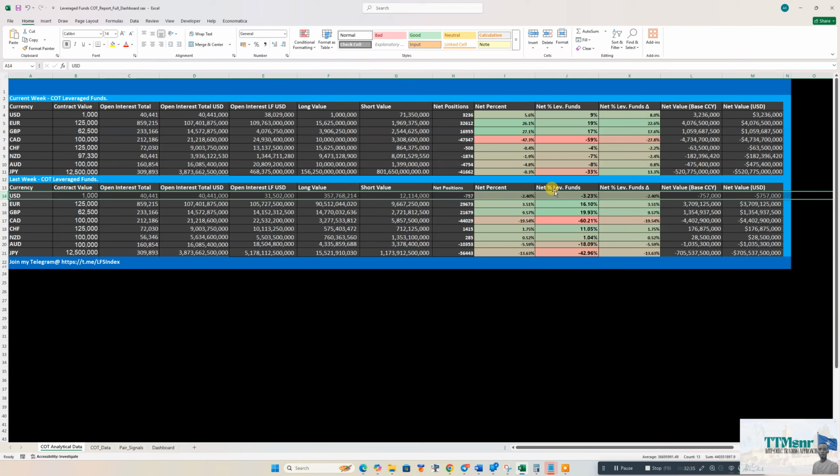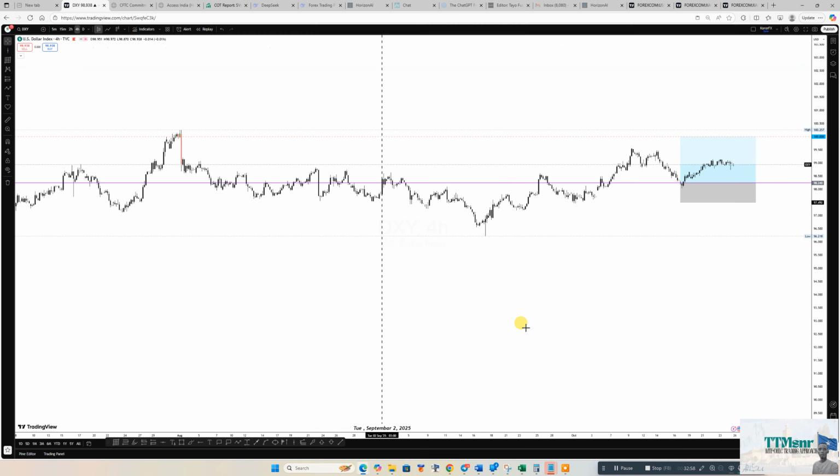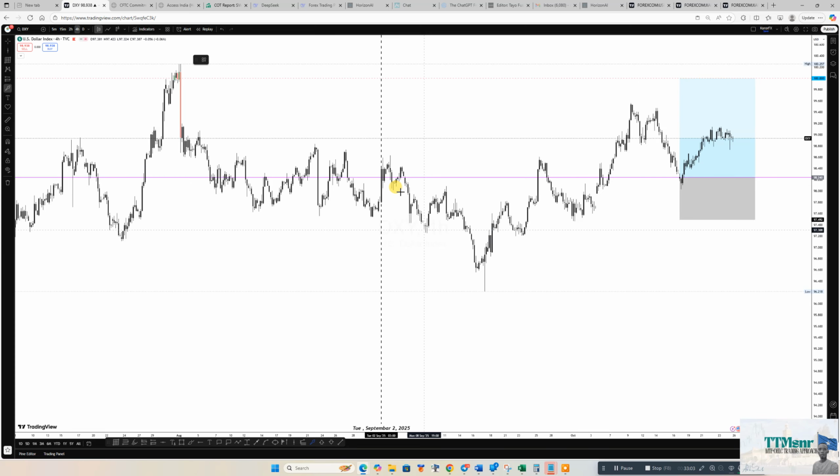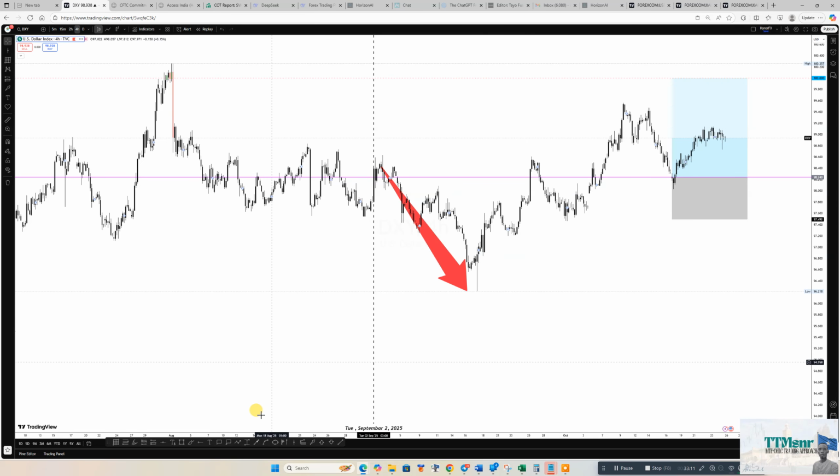Net percentage leverage funds also minus 3.23 percent, and the net percentage leverage fund change is also minus 2 points. So it means that this week there was a negative number and the market should go down. This week the market was going down.